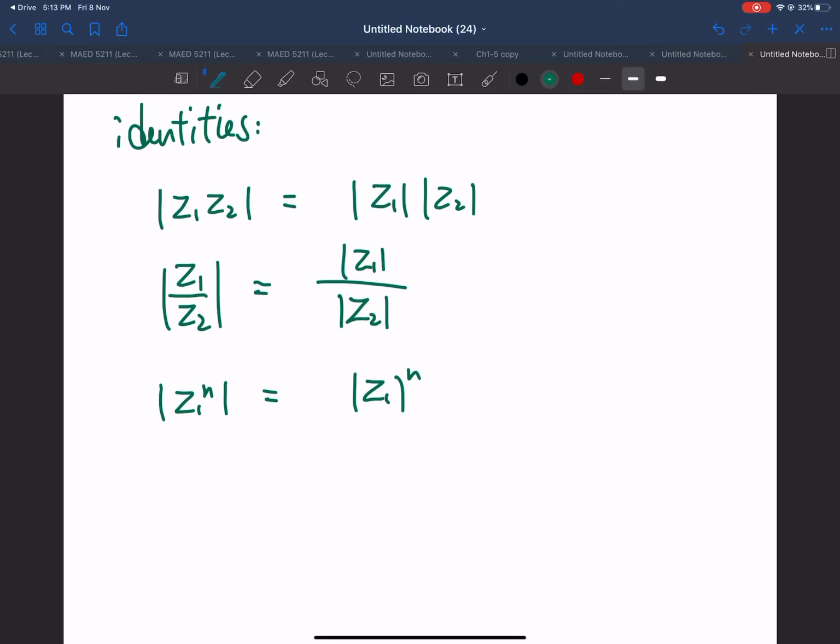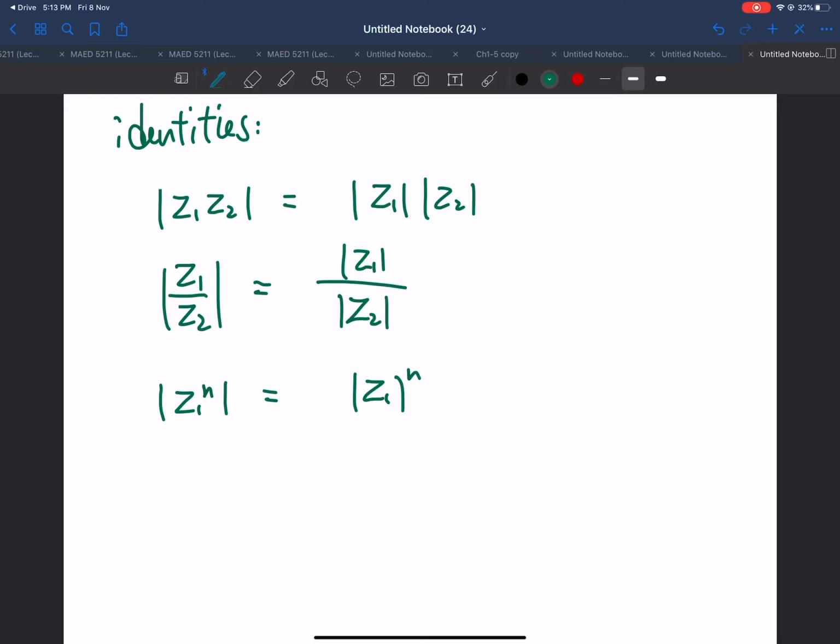It's like if you're taking the magnitude of z to a power, then this is raised to the power of n. It's just an advantage.